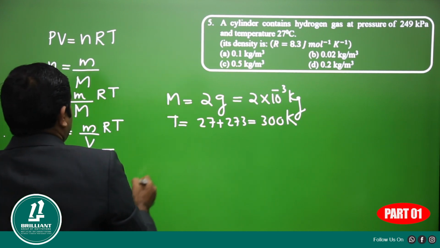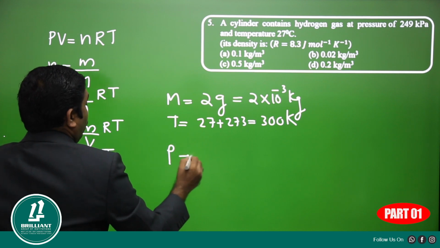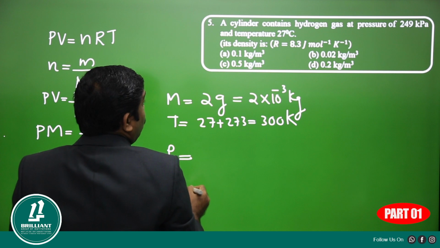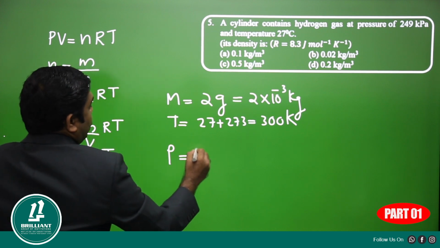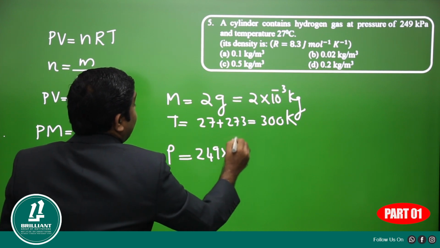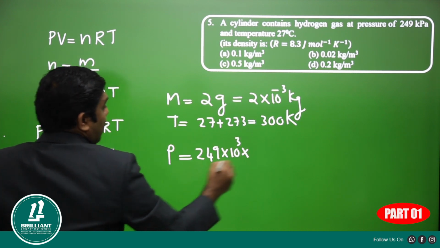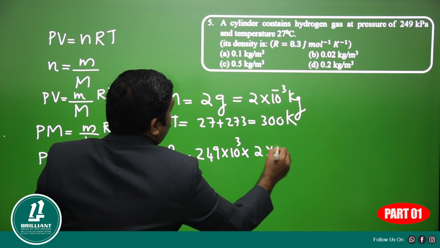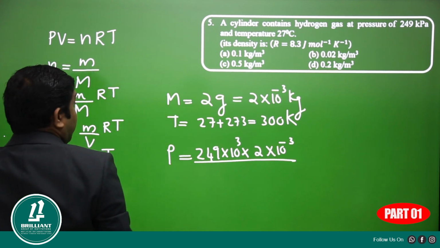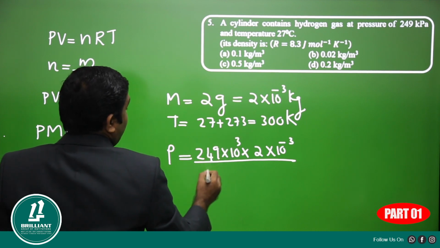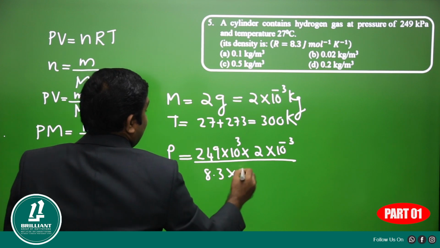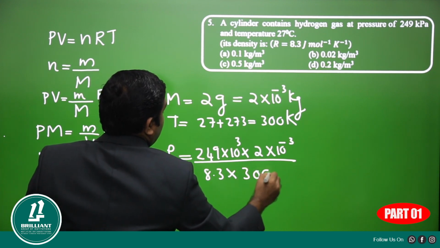Okay, we can substitute that here now. So rho is equal to P, pressure is given 249 kilopascal. So 249 kilo means 10 raised to 3. Then mass is 2 into 10 raised to minus 3 divided by R, R value given 8.3, and T is 300.